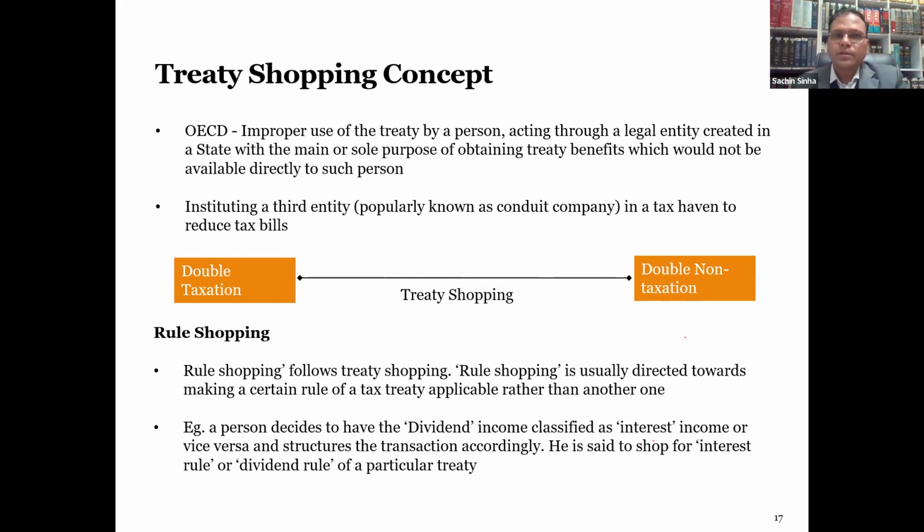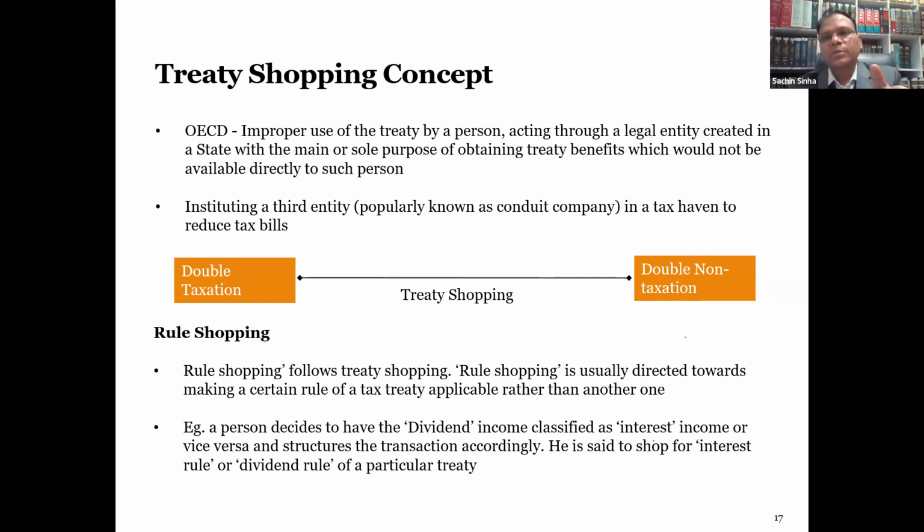Earlier, in Indian law there was no concept of treaty shopping, but in the last Finance Act they inserted this term. If you read Section 91B, it says that treaty shopping is not allowed when you are doing this for the purpose of double non-taxation.